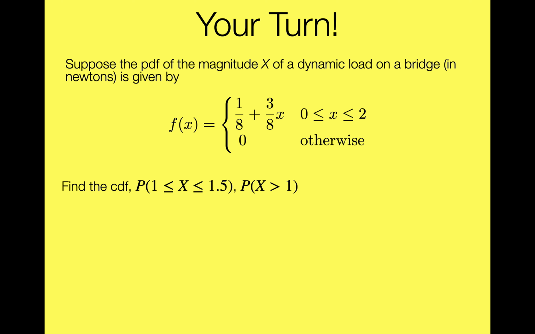Then find the probability that x is between 1 and 1.5, using the rules of the CDF that I talked about, and also the probability that x is greater than 1. Each of them matches the rules that I talked about previously for the CDF of the uniform. Do that for this first video, and that's the end of this first video.